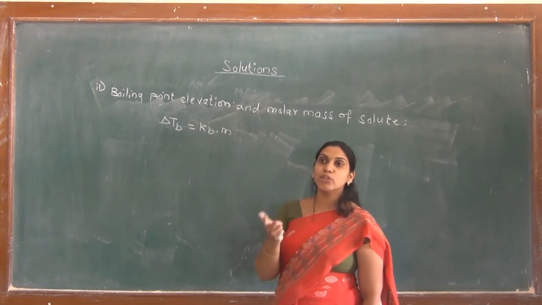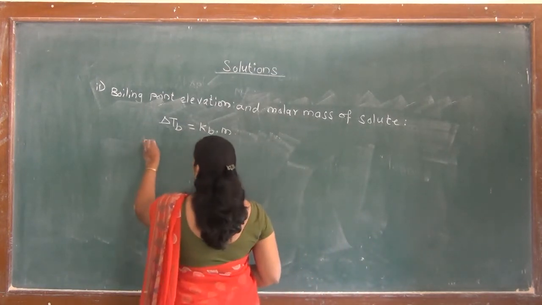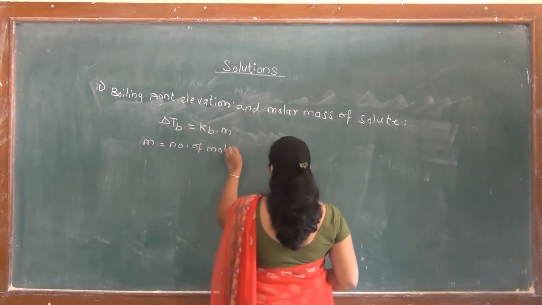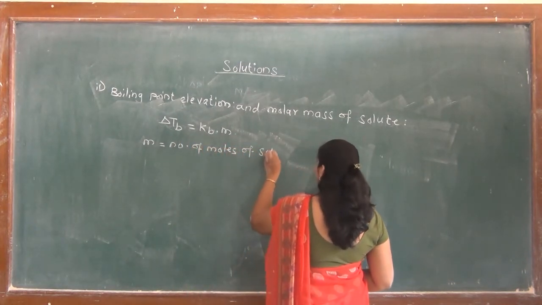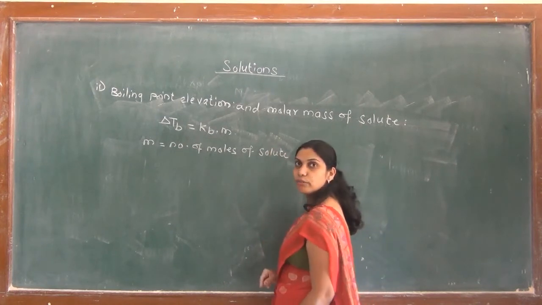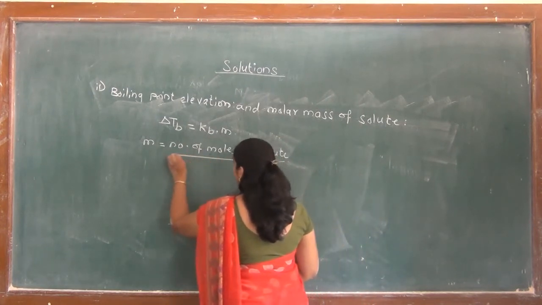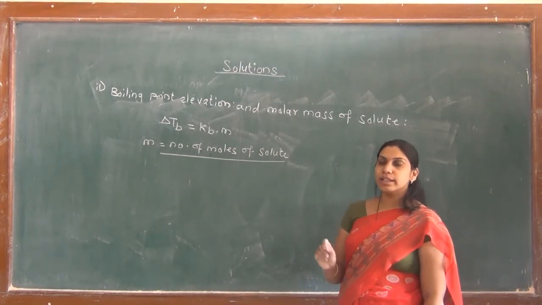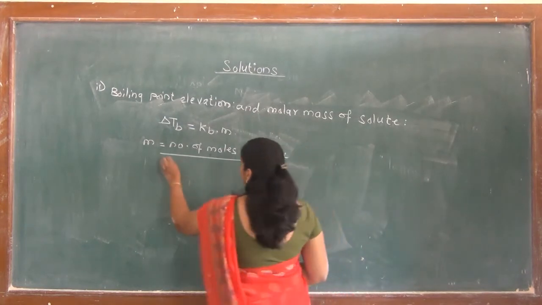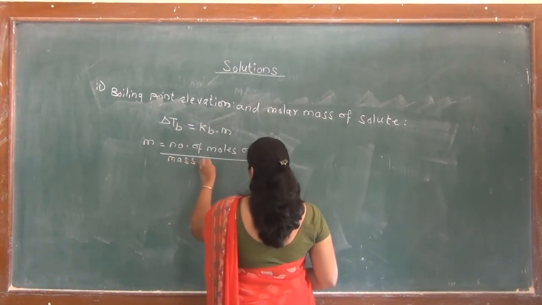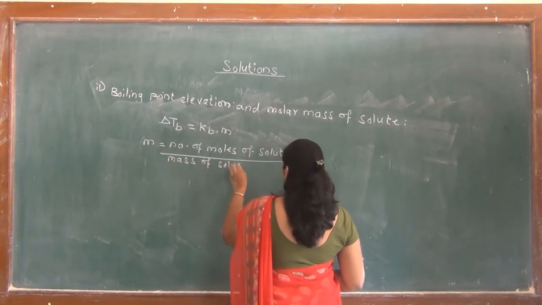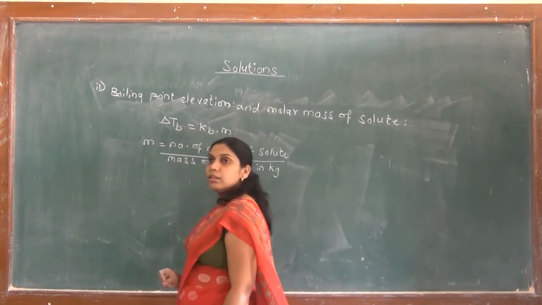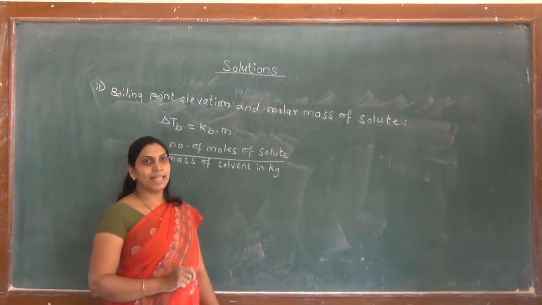So I will write the formula for molarity. m is equal to number of moles of solute divided by mass of solvent in kilogram. This is the formula for molarity.